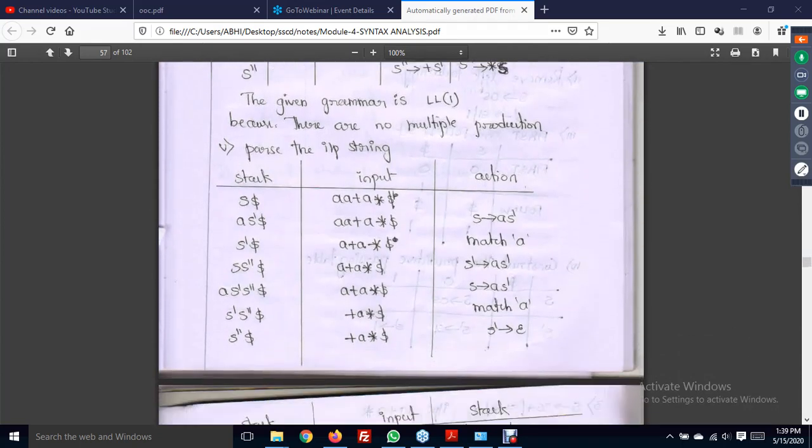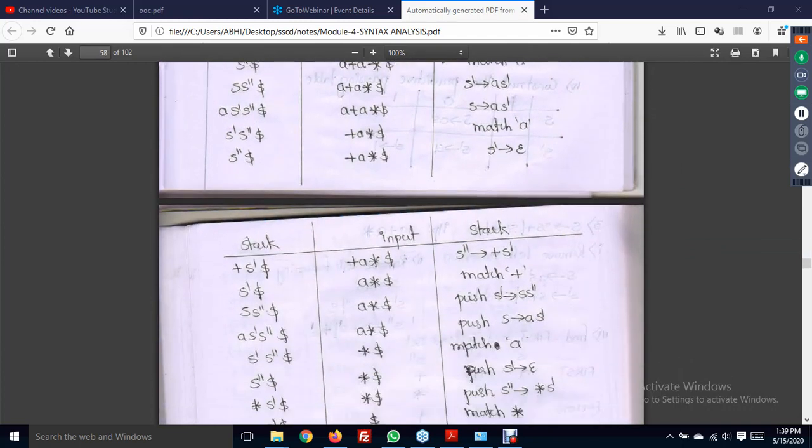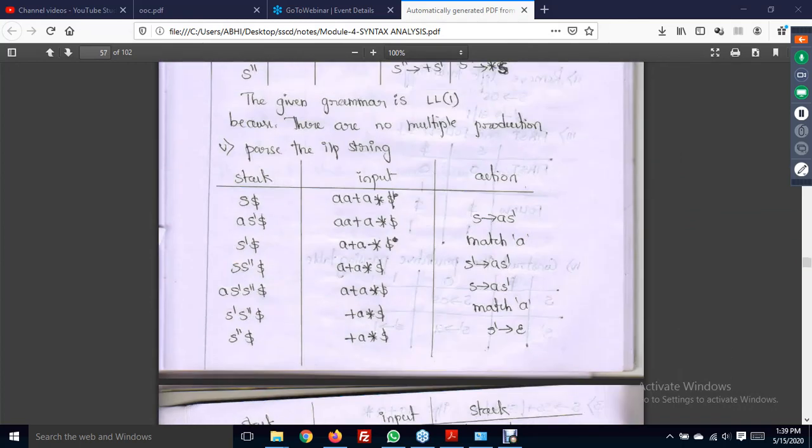In the stack I insert the starting symbol, that is S, and in the input I have the input symbols followed by dollar. So in the stack I push the starting symbol and dollar, and in the input I push the inputs followed by the dollar.